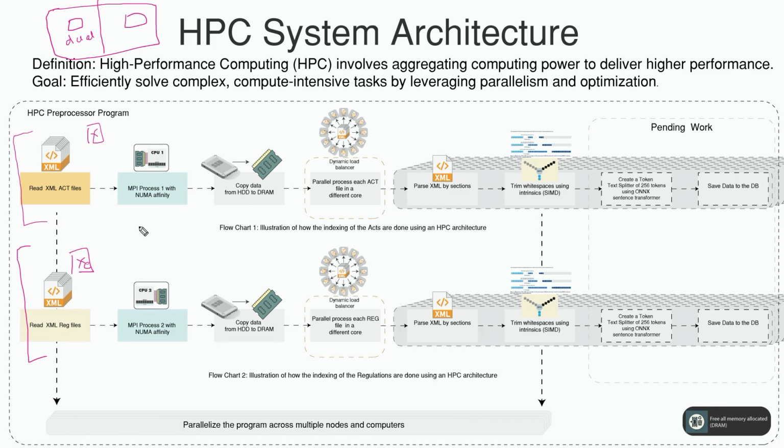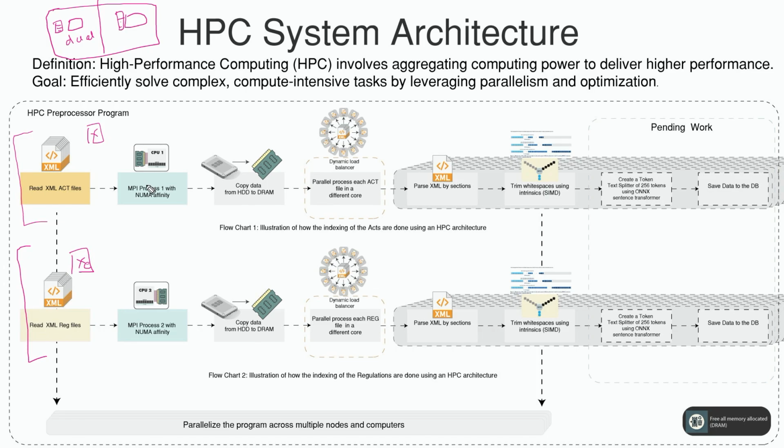So in a nutshell, what's happening is I am taking this document and I am trying to parse it through this one CPU, CPU1. And each CPU will have its own set of RAM, or DRAM, which is dynamic random access memory, and there is something called NUMA.